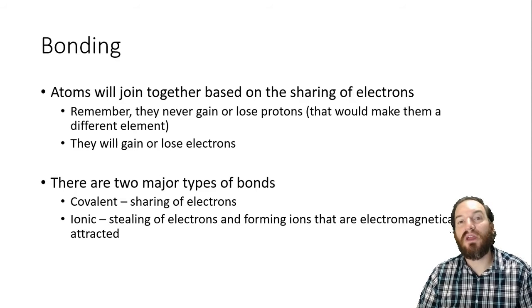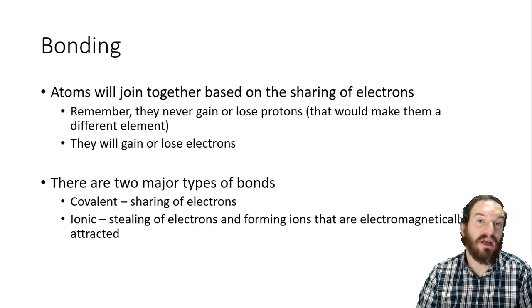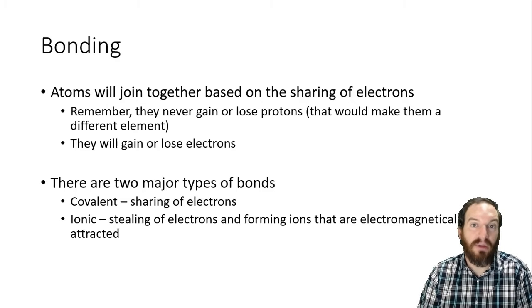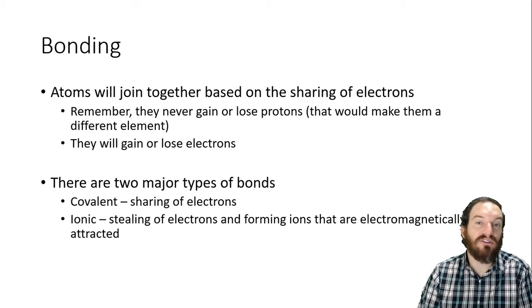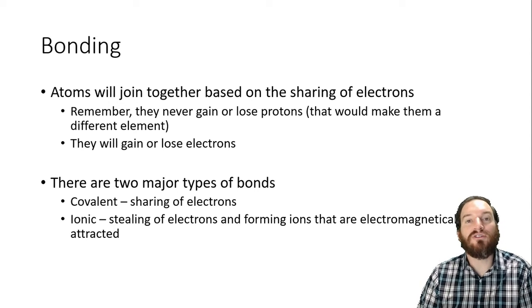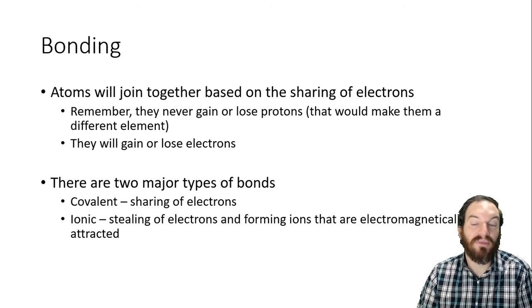Now, there are two major types of bonds. There are covalent bonds and ionic bonds. Yes, there's other types, but these are the two major types that we need to know for biology class. Chemistry class, they'll teach you more. All right, but right now in biology class, this is all we need to know. Covalent bonds are when you share the electrons kind of evenly, what we saw with that water molecule.